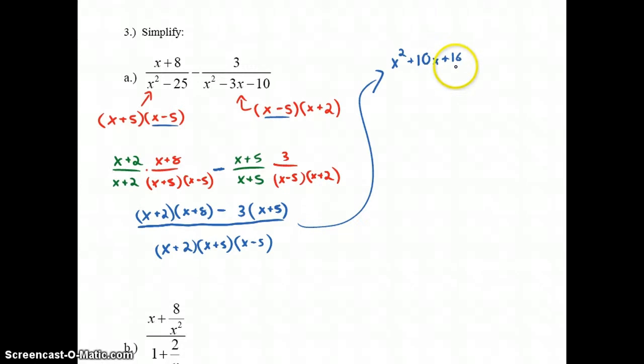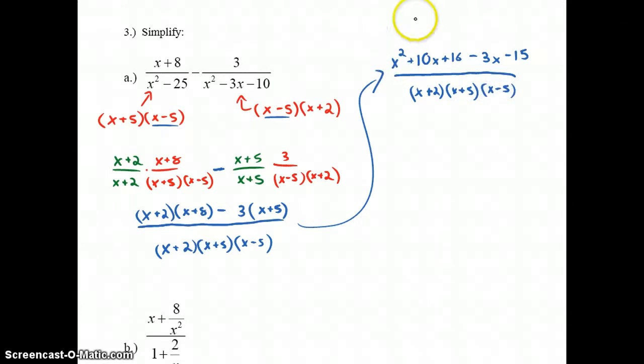Plus 16. Now minus 3 times x is minus 3x. And minus 3 times 5 is minus 15. All of that is over still x plus 2, x plus 5, x minus 5.